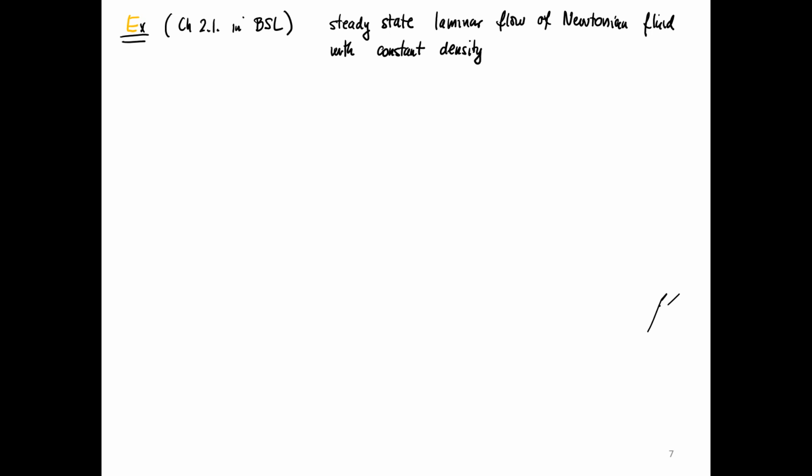Quite a bit packed in here in terms of assumptions. Steady state means I don't change in time. Okay? So steady state, no change in time.